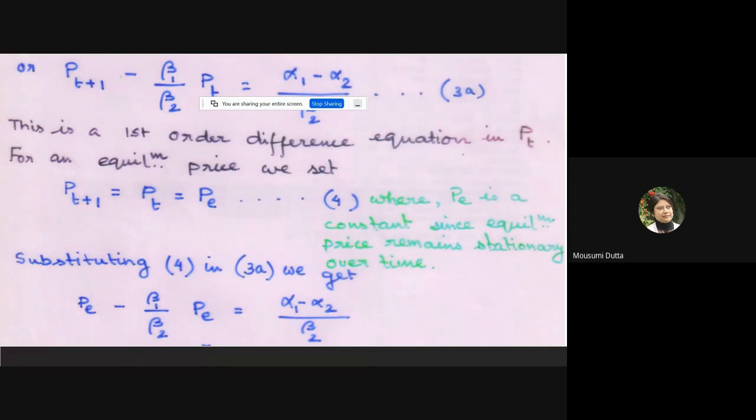Call it equation number 4, where PE is a constant since the equilibrium price remains stationary over time. Whatever the notion about equilibrium price we have in our mind, that is the equilibrium for all the periods.